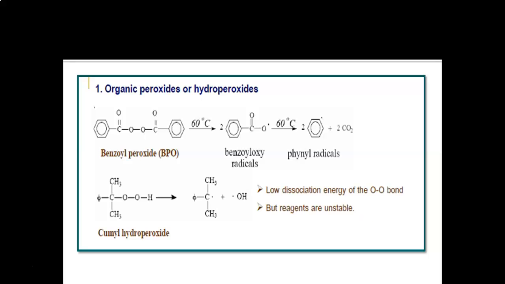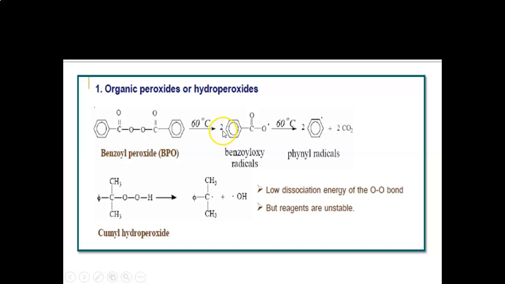Okay, another example for benzoyl peroxide. This one is the structure of benzoyl peroxide together with the benzene ring. We have COO, CO, and benzene ring. After decomposition at 60 degrees C, it turns into CO and CO. Okay, we have two CO, right?